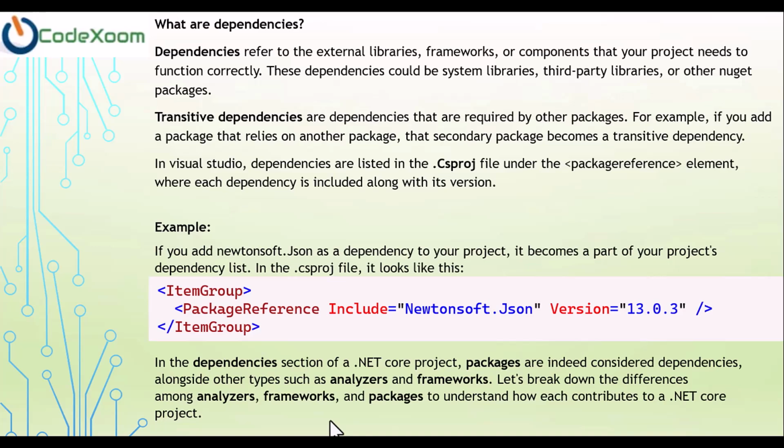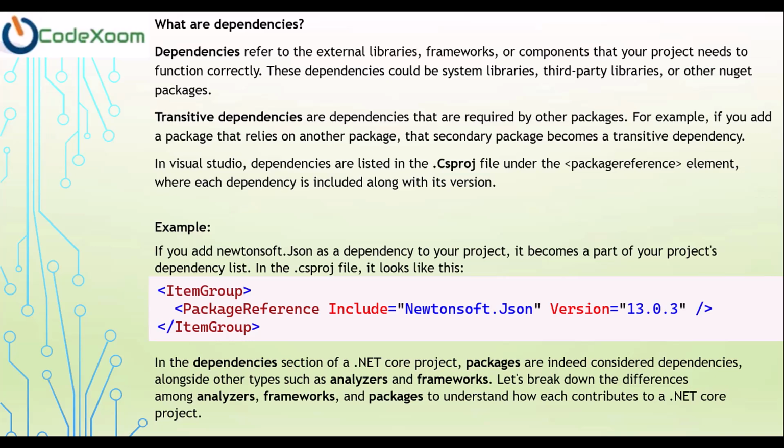Dependencies refer to the external libraries, frameworks, or components that your project needs to function correctly. Dependencies could be third-party libraries or other NuGet packages. There is one kind of dependency called transitive dependencies.